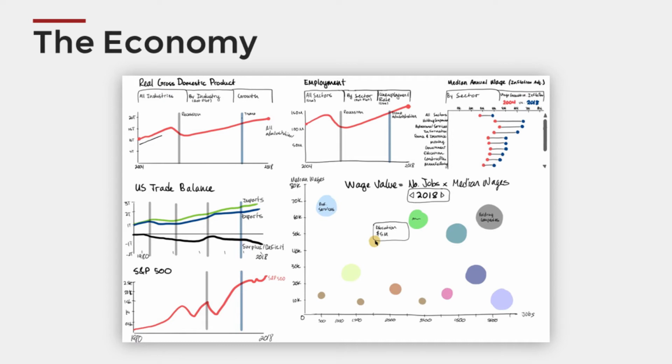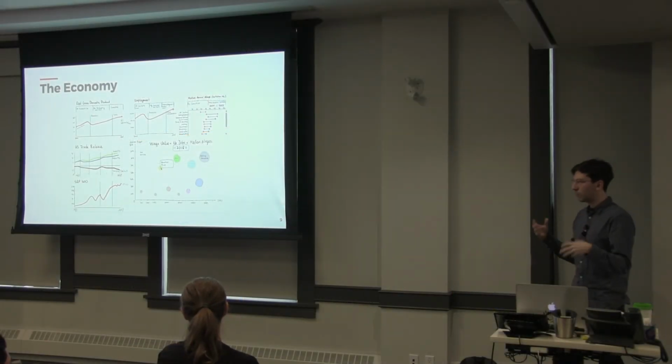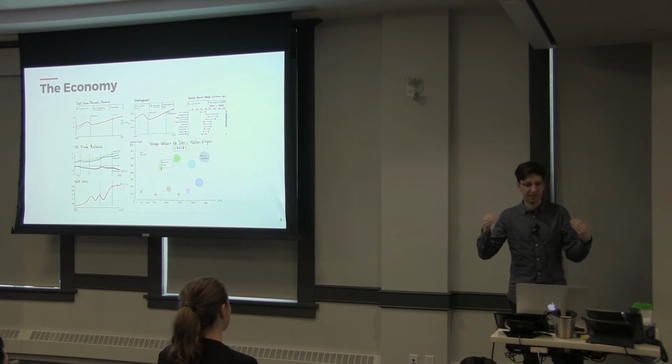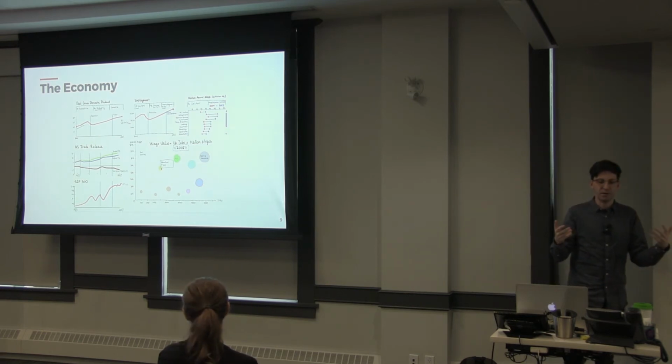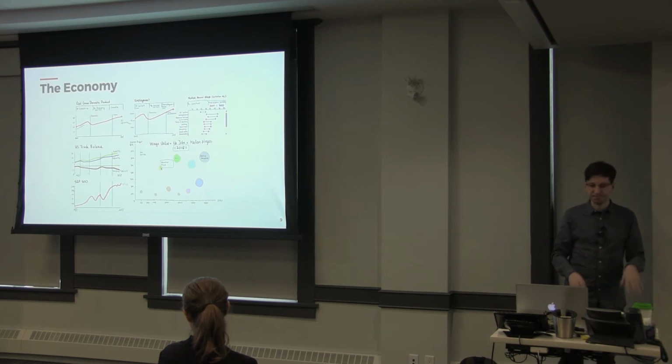So we have your typical things like GDP and unemployment rate on this big picture dashboard thing. But what we really wanted to do with the economy topic was not just talk about those standard metrics. We wanted to talk about how people are involved in the economy. What areas are they working? How much money are they making? And how is that changing over time?